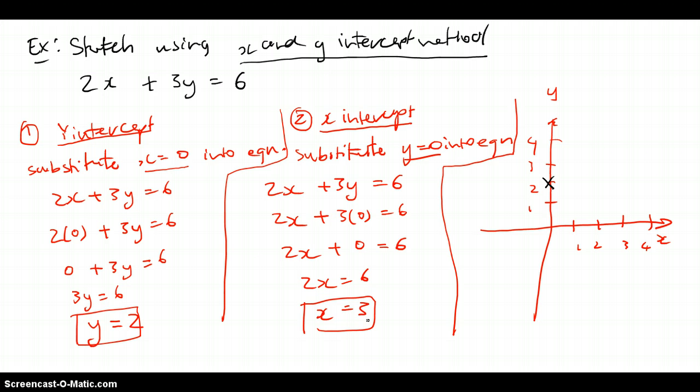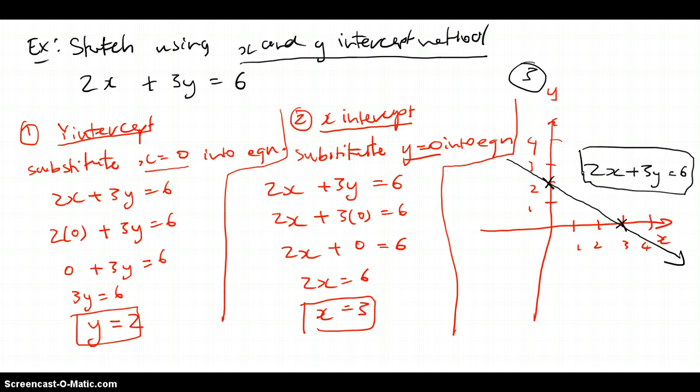Next I'm going to go to x equals 3. Where is x equal 3 placed on the x-axis? Well, it's right here. Now I've got my 2 points. Step 3 says plot the points and join, sorry. So I've plotted and joined, and this will be the graph of 2x plus 3y is equal to 6. As you can see, I have managed to sketch a graph using x and y intercept method.